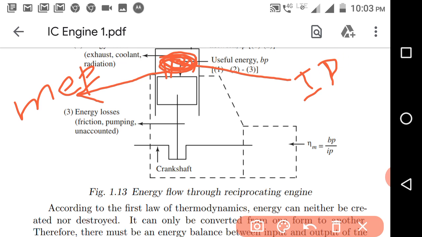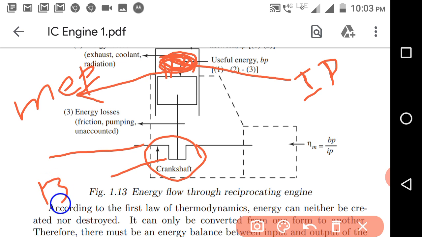And whatever power we utilize for commercial purposes is at the crankshaft. Whatever power we get at the crankshaft, we supply for different applications. So this is the useful power, and we call this power the brake power. Inside the cylinder we get power due to the heat release from the combustion of the fuel, and we call that indicated power.